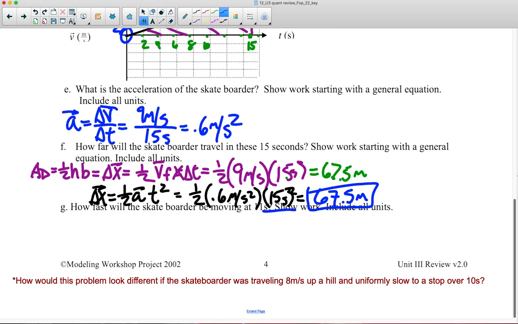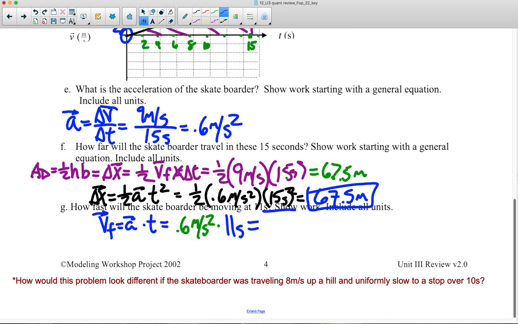Our last question for this is how fast will the skateboarder be moving at the 11-second mark? To do that, we need final velocity is equal to the acceleration times the time plus the starting velocity, but the starting velocity is 0. You guys have already calculated the acceleration at 0.6 meters per second squared times the clock reading of 11 seconds.